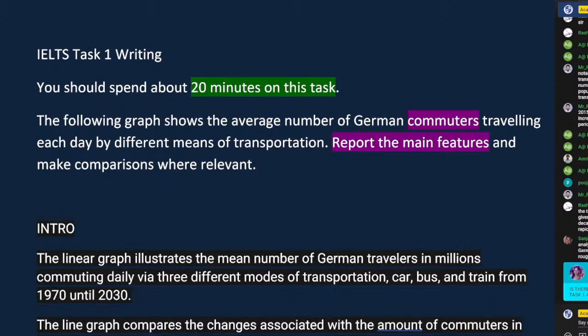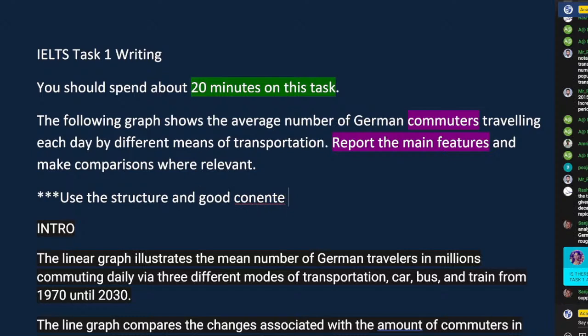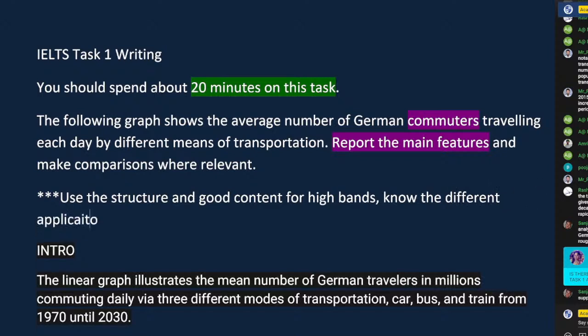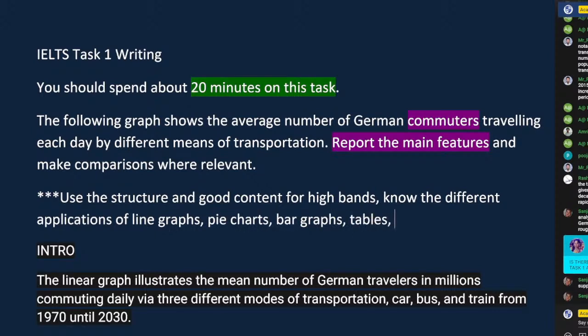So use the structure and good content for high bands. Know the different applications of line graphs, pie charts, bar graphs, tables, diagrams, flowcharts.